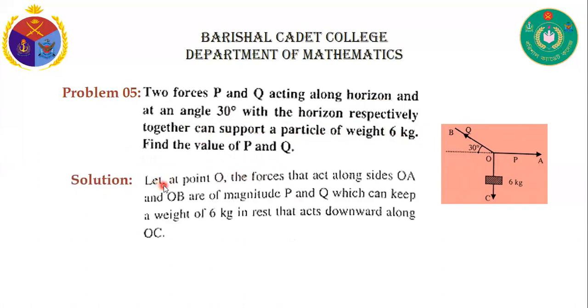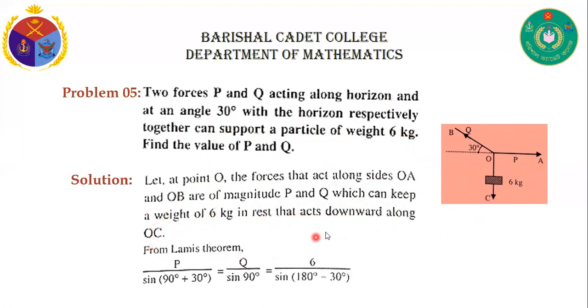So let at point O the forces act along sides OA and OB, of magnitude P and Q, which can keep a weight of 6 kg at rest, that is downward along OC. So from Lami's theorem, because here at point O three forces are in equilibrium, a P force, a Q force, and a W force, that is the 6 kg weight.